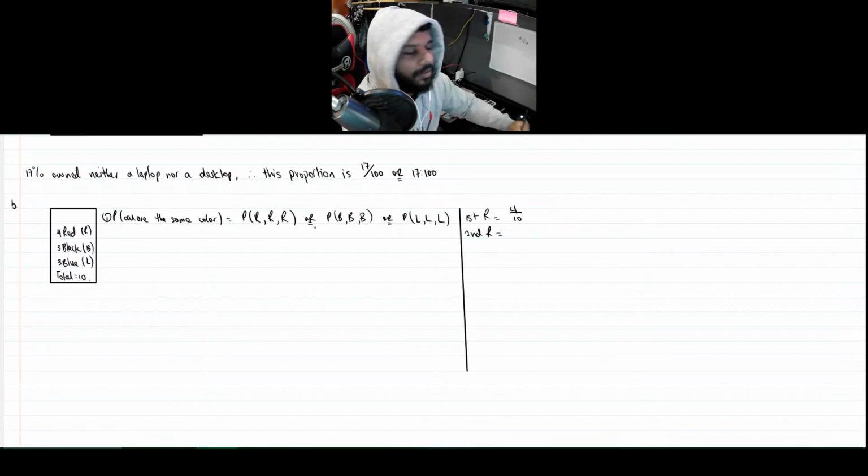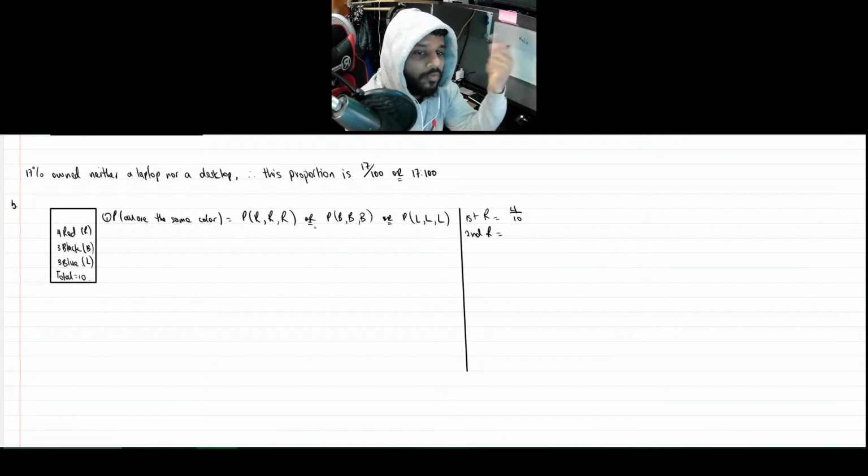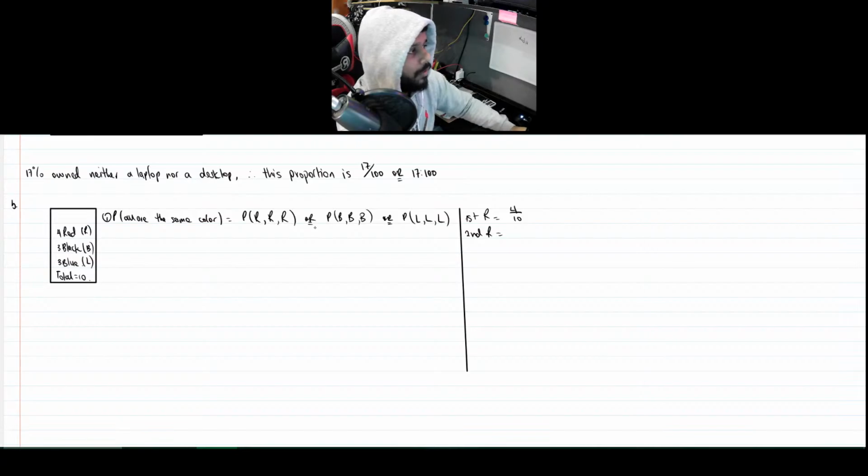The second red. Now remember, when I draw this marble from the bag, I'm not putting it back. So now I have 3 red marbles in the bag, and I have 9 total marbles in the bag. Because if I take out that red, I take out 1 from the red, and I take out 1 from the total at the same time. So if I take out the next red, that will be 3 out of the 9 marbles I have in the bag now.